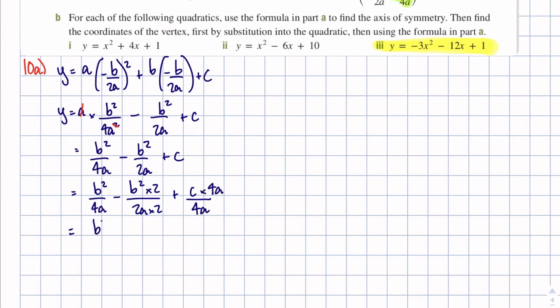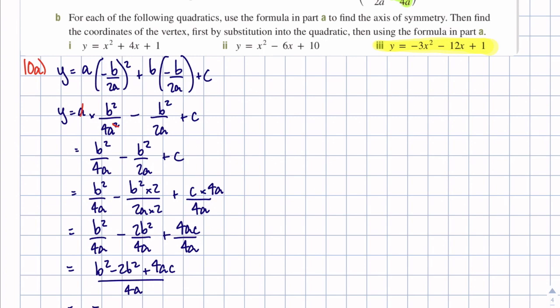So I've got b squared over 4a take 2b squared over 4a plus 4ac over 4a, which means I've got b squared take 2b squared plus 4ac all over 4a, which means I've got negative b squared plus 4ac all over 4a.